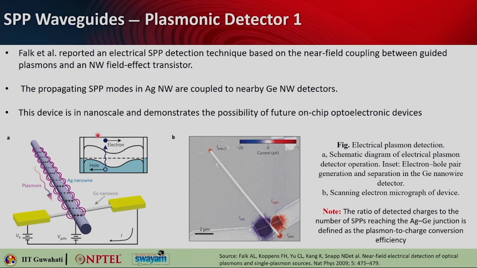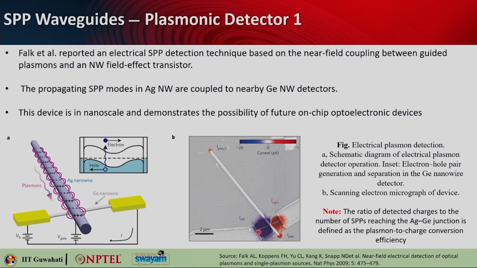So, this device is in nanoscale, and it demonstrates the possibility of future on-chip optoelectronic devices. So, you can see here, this is the setup or schematic in which this plasmon detection will work, and this is the SEM photograph of the device.